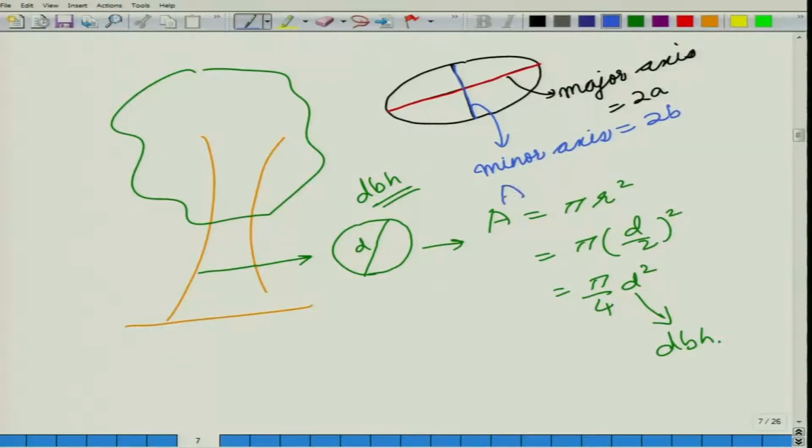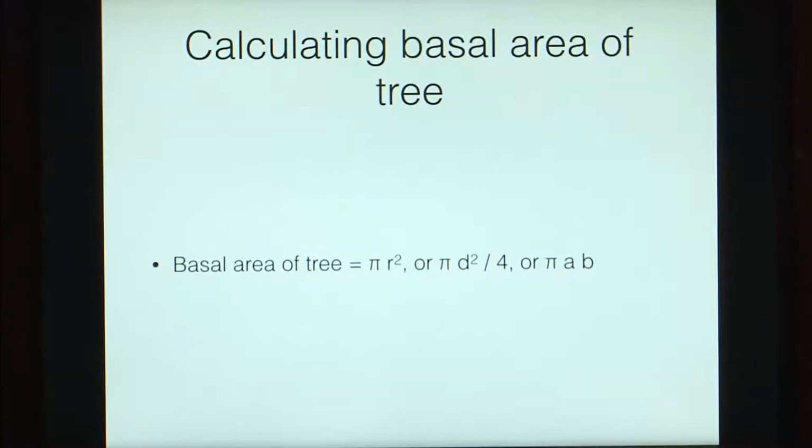In this case the basal area will be equal to pi times a times b. So, coming back to the slides, the basal area of the tree will be given by pi r square when it is a circular cross section, which can also be written as pi d square by 4, or it can be written as pi ab if we consider it to be an elliptical cross section.